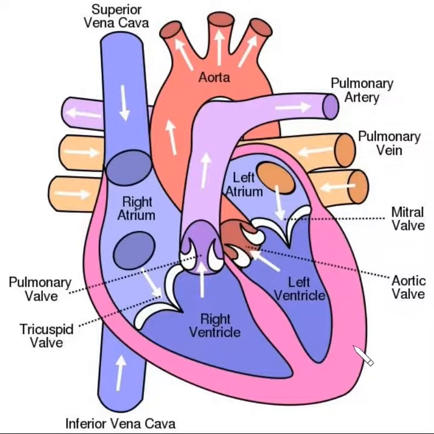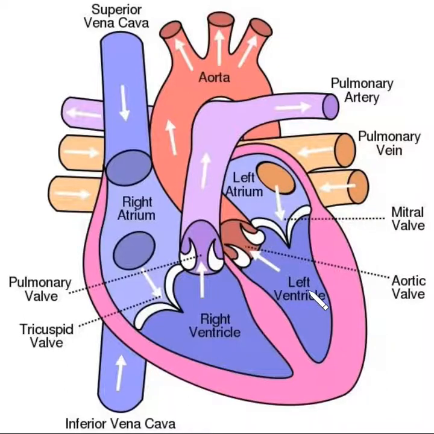The human heart is enclosed in a membranous sac, and this sac is called pericardium, and this pericardium is formed of two layers. One is called fibrous pericardium.